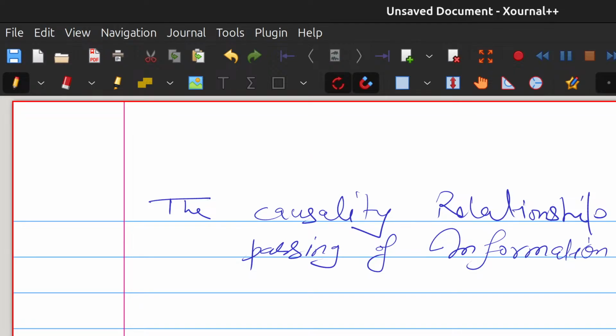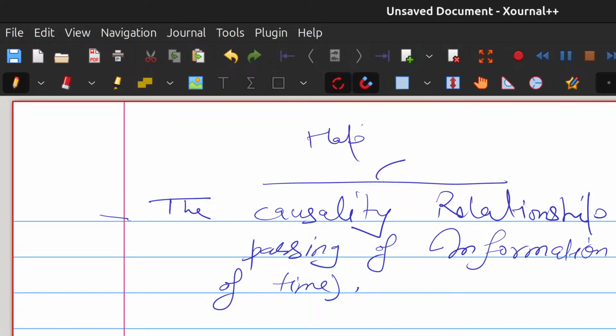Not on passing of time, right? Very important. What is this causality relationship? This is happened before. A happened before B, like this, right?